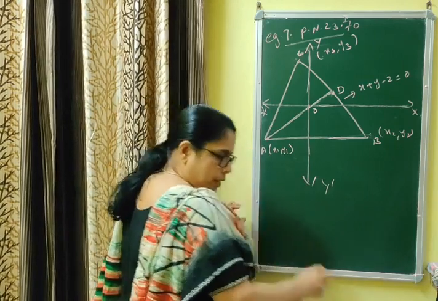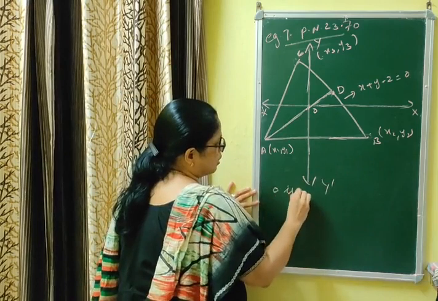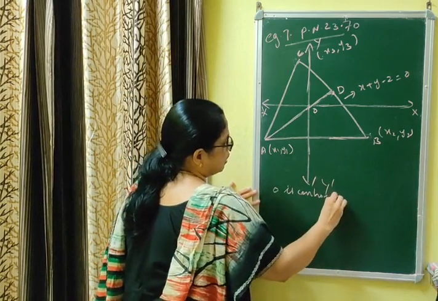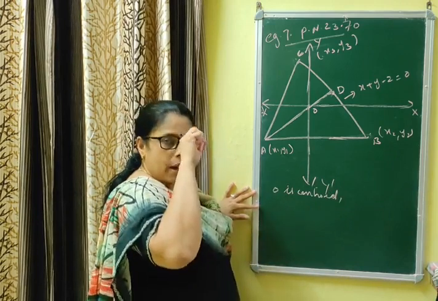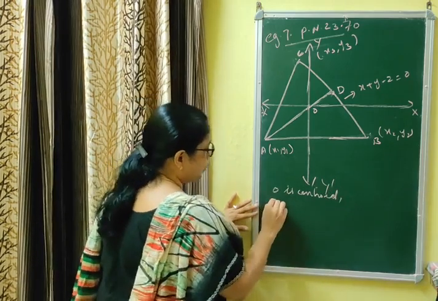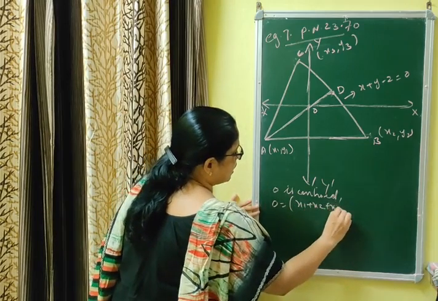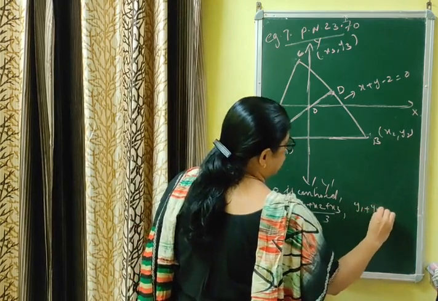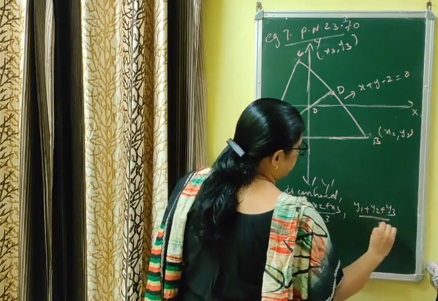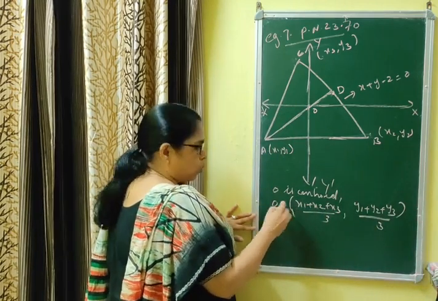Are you getting it? Now, since O is the centroid, what is the formula to find the centroid? O is equal to ((x1 plus x2 plus x3) by 3, (y1 plus y2 plus y3) by 3). But this centroid coincides with the origin.